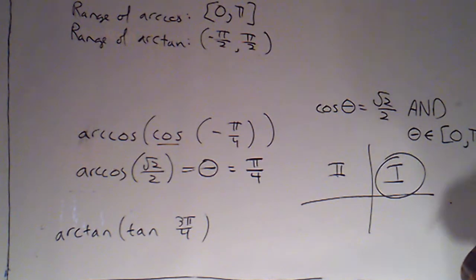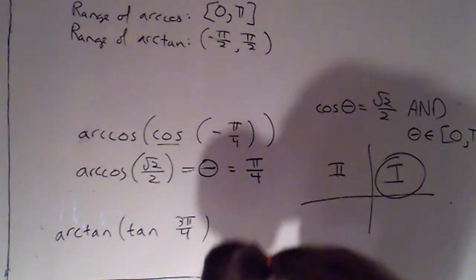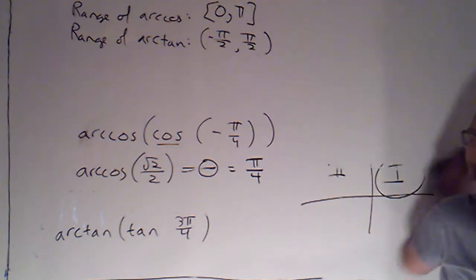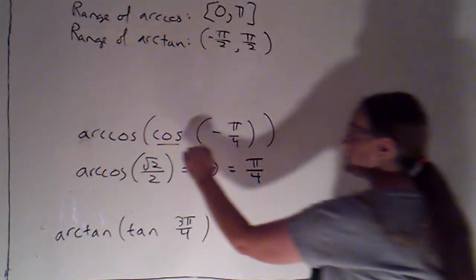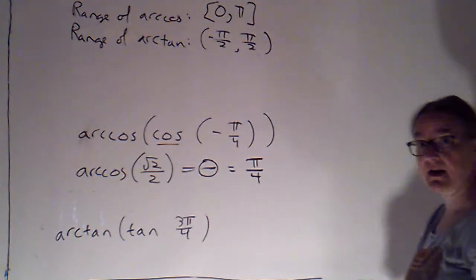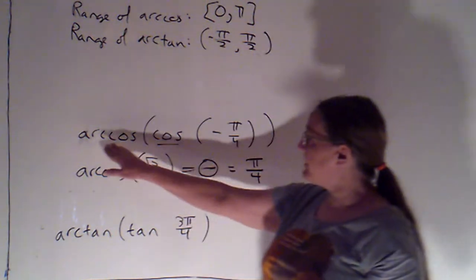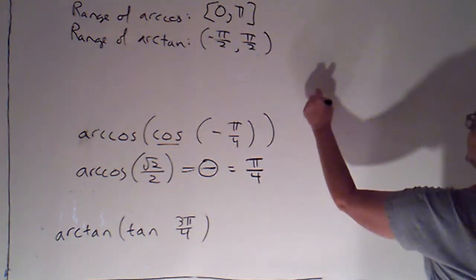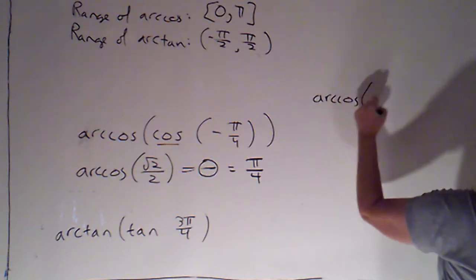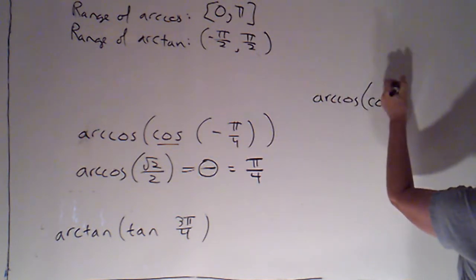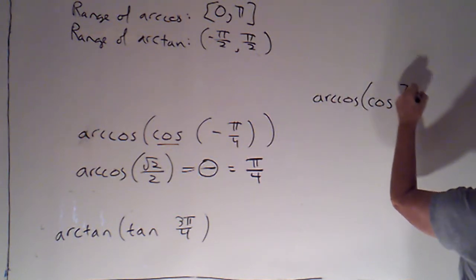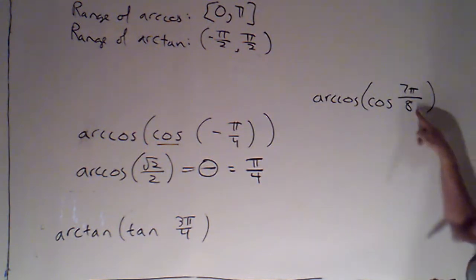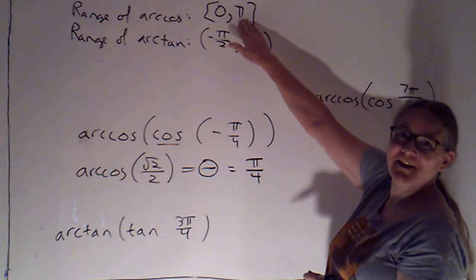Okay. So because this wasn't in the range of arc cosine, I had to do that one step at a time. I had to first do the cosine and then the arc cosine. That's not to say that anytime the inverse trig function is on the outside, you have to do it one step at a time. If I were looking at arc cosine of 7 pi over 8, 7 pi over 8 is in that interval.